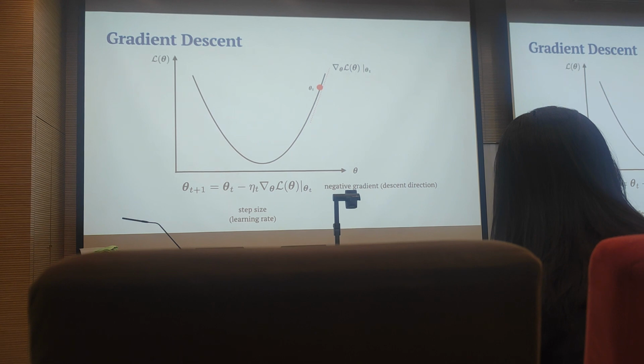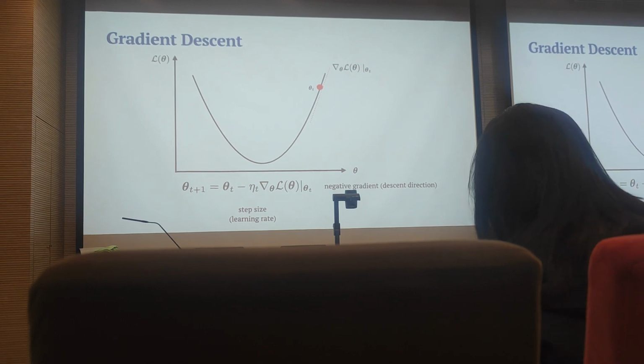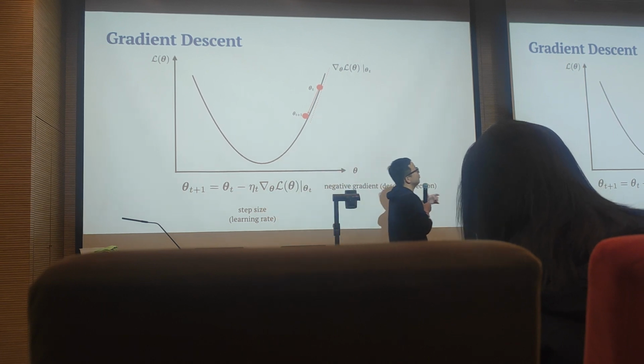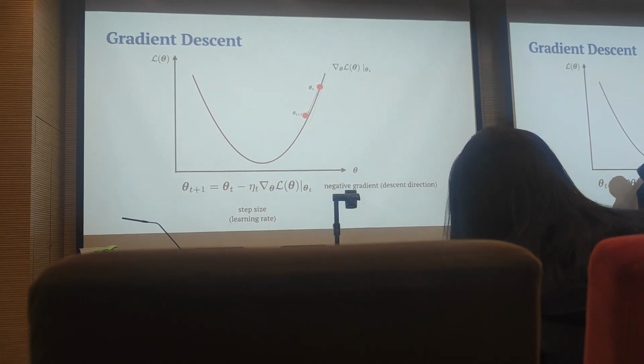At every time step, we compute the gradient, which is the direction we want to go down. Then we move one step out, where eta t is the step size.